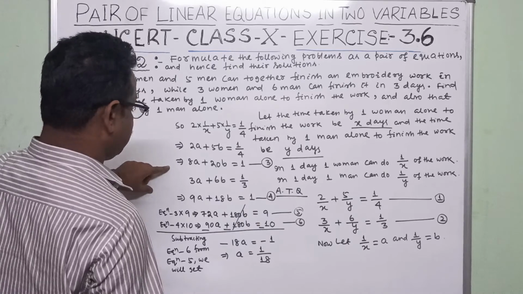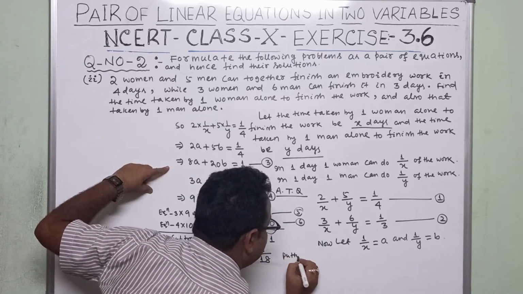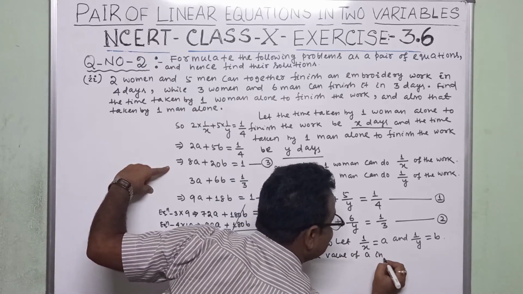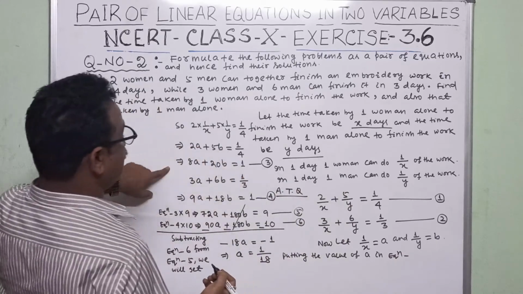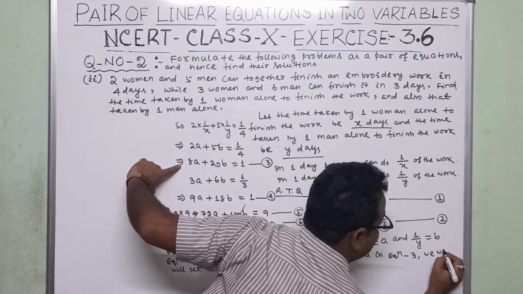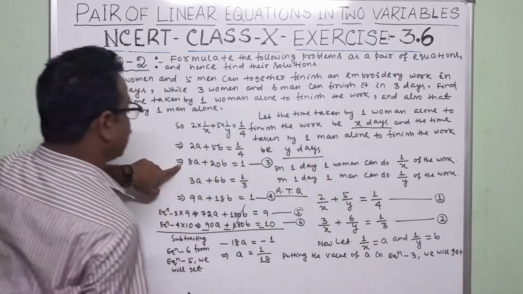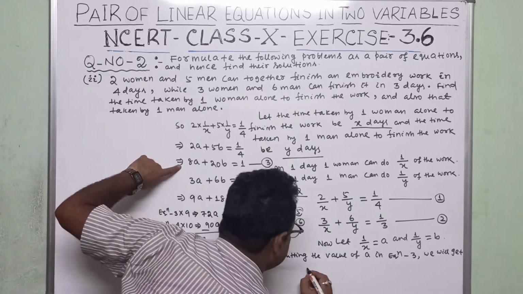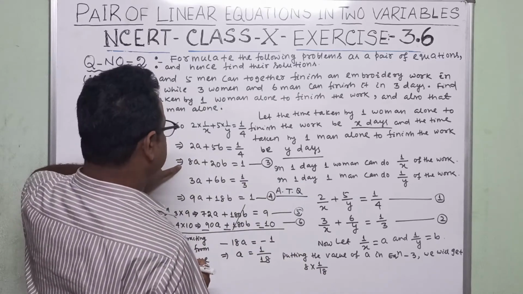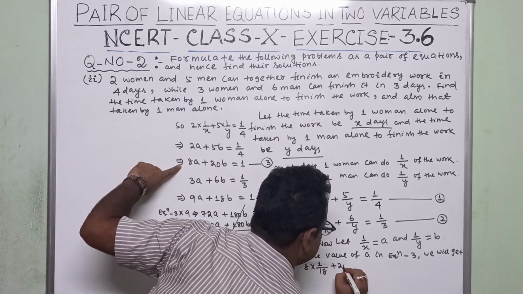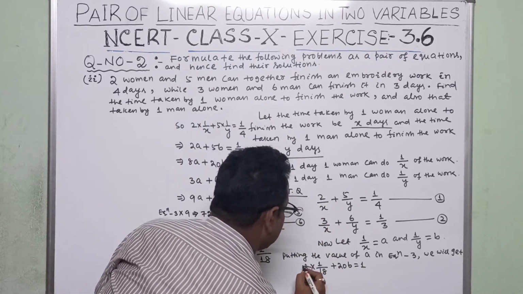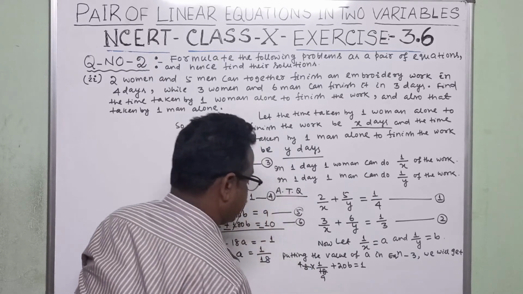Now putting the value of a in equation 3, what will we get? 8a, 8 into 1 by 18 plus 20b is equal to 1. Okay. Now here 4, here 9, cancel.